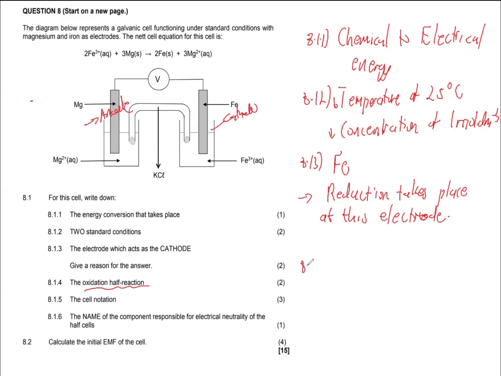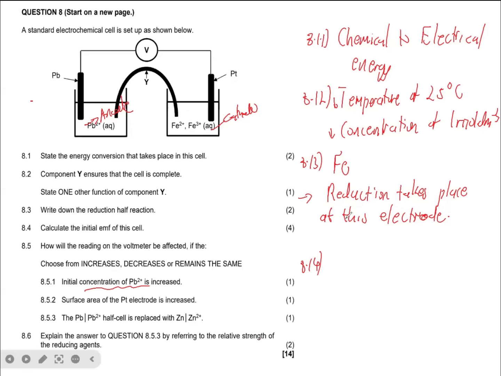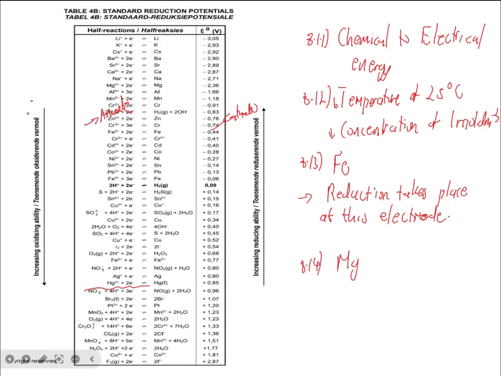And then as we know, when it comes to oxidation, when we check here, we know that from this magnesium, we have to start it from here, going in that direction. So it's going to be the Mg. I keep on viewing the wrong one. It's going to be the Mg to give us what? Mg2+ plus 2e.